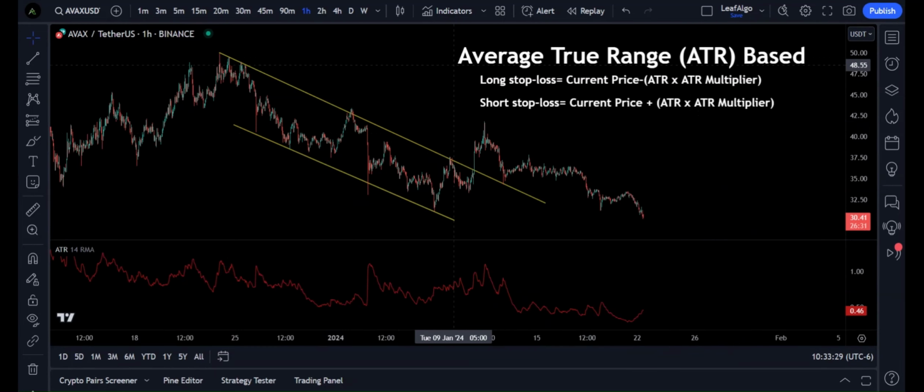We do this by utilizing the average true range, or ATR indicator. And this indicator basically plots out the deviations from the average price over a given period of time. In this case, it's 14 period. And you take, for a long stop loss, the current price minus the ATR at whatever your entry candle is times an ATR multiplier.